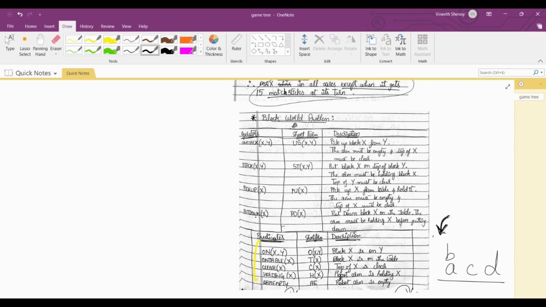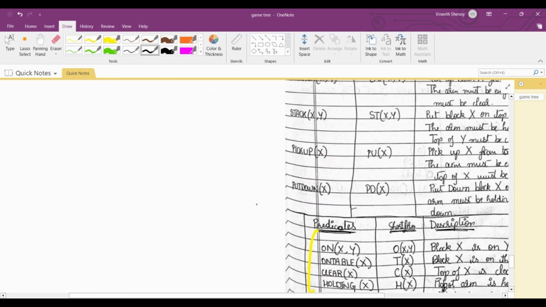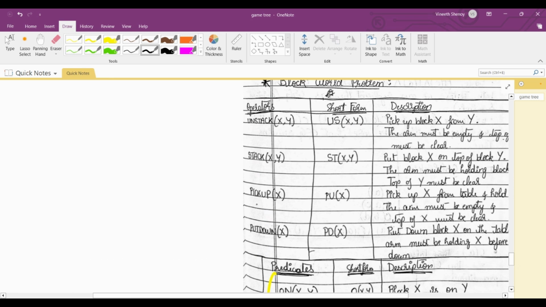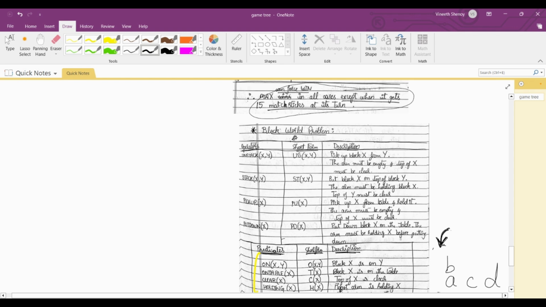Now we will see what the operations or operators in the block world problem are. We have four operators here: unstack, stack, and pickup. Now let's know about unstack. Let's consider the same example, which is over here.